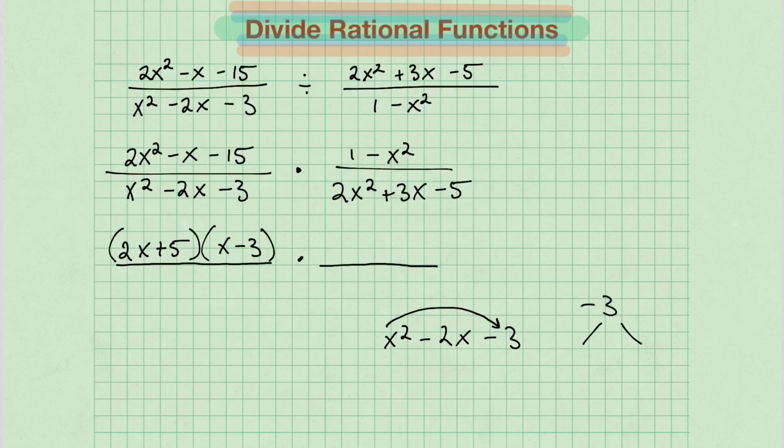And right off the bat, that's going to be a positive 1 and a negative 3. 1 times negative 3 gives us negative 3. So these are the factors. And we're going to split up the first term, and we're going to say x plus 1, x minus 3.